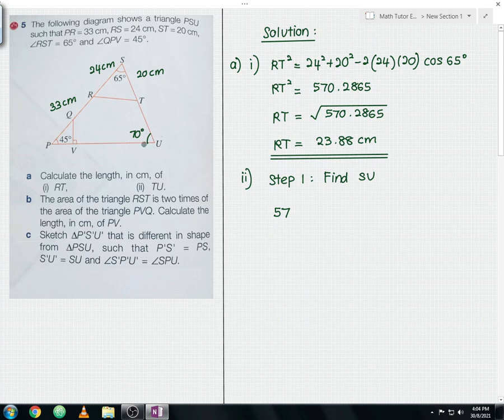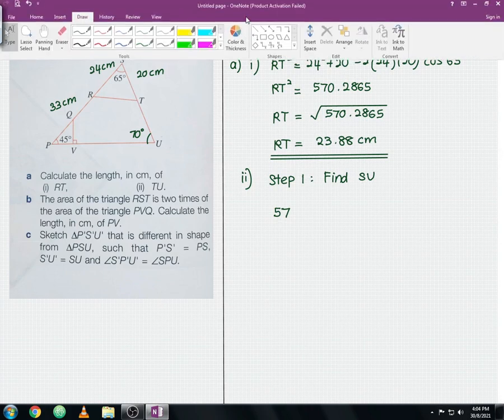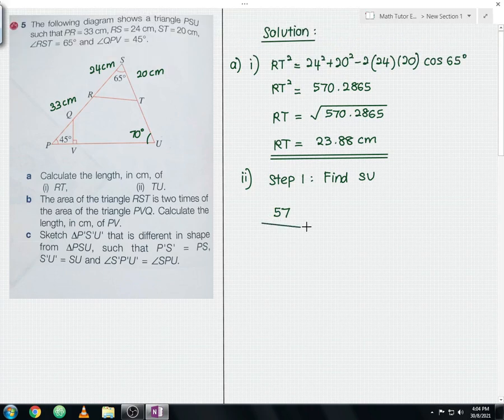You divide with sine 70, which is the adjacent angle. In this case, 57 divided by sine 70 is equal to length SU divided by sine 45 degrees. Let me underline the fraction.